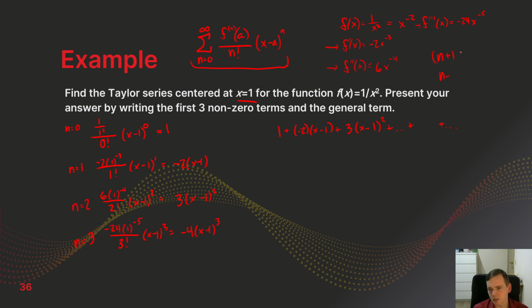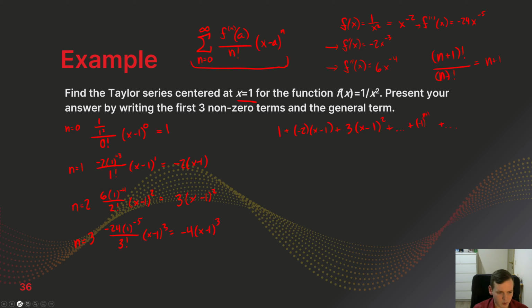And this is just because we started with 1 factorial on the 0th term, and in the denominator we have n factorial, which means it simplifies to just n plus 1. So we'd have negative 1 to the n plus 1 because we see this alternating fact.